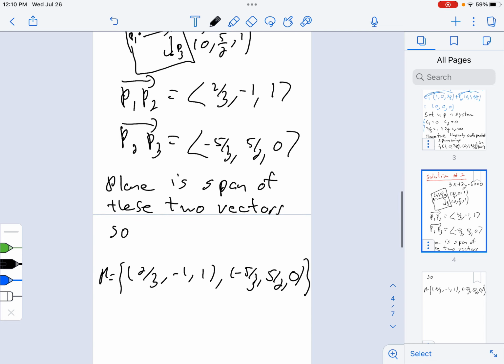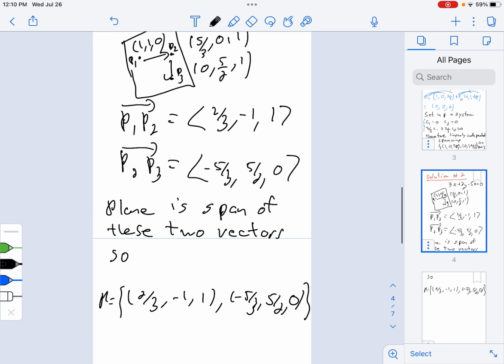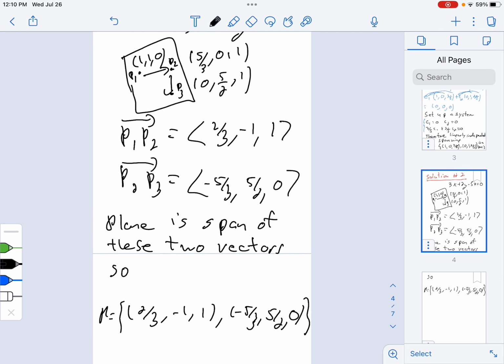The big point of me finding those two vectors is this: a plane is a span of two vectors on that plane. So using that fact from geometry, that set, call this set M, (2/3, minus 1, 1) and (minus 5/3, 5/2, 0), is a spanning set.